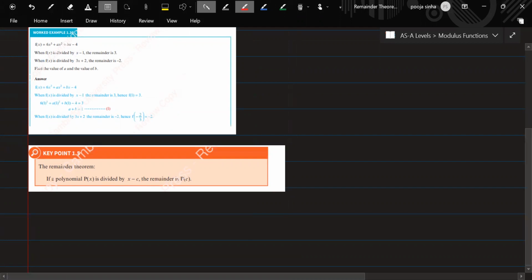So we will have to put this value of c here. If we get a 0, then we say that it's a factor. If we do not get a 0 and get something other than 0, then we say the remainder is whatever value you get. It means you don't need to do the full long division. The final answer that comes will be your remainder.